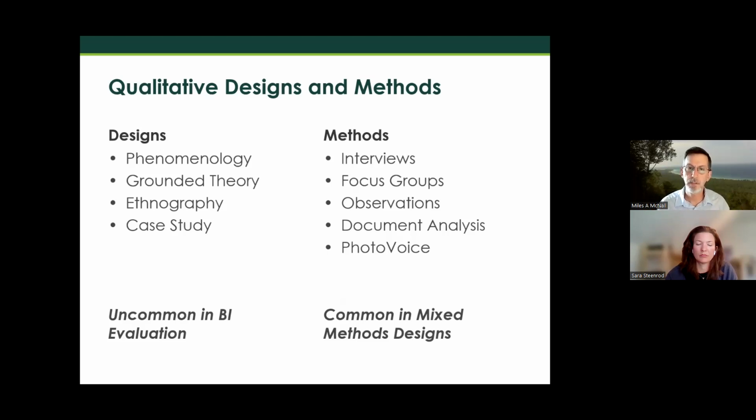There's a whole field around this called visitor studies, maybe analyzing documents, maybe using photo voice techniques where you use a prompt question, ask people to explore a topic by taking pictures in response to a question prompt.